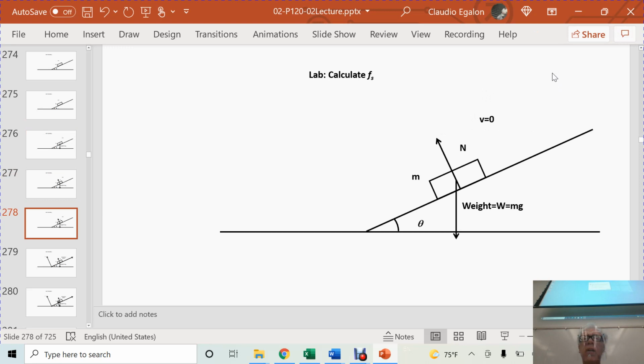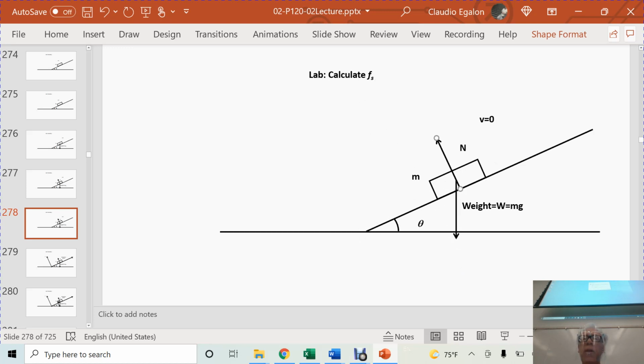So there is one more force that's missing. What's the name of this force? If the object is at rest, there must be a force canceling this component of the weight. It's this component of the weight that's going to propel the block downhill if there is no friction.